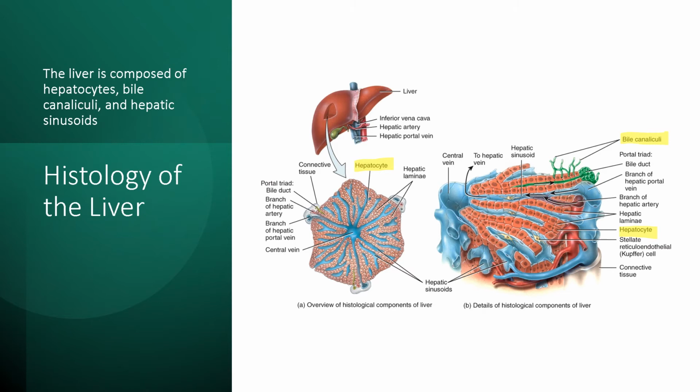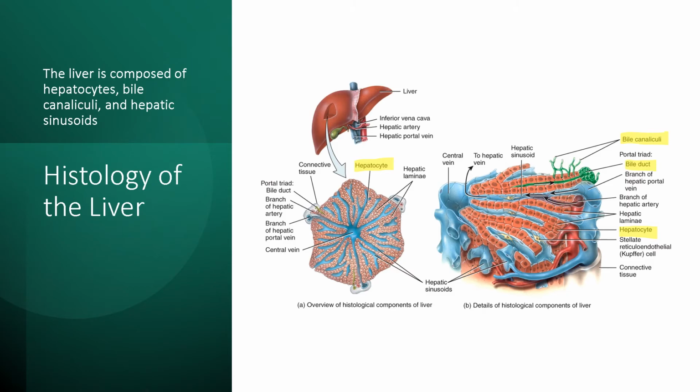Now, from the bile canaliculi, the bile will pass into bile ductules and then into bile ducts. The bile ducts will merge, and eventually they're going to form the right and left hepatic ducts.